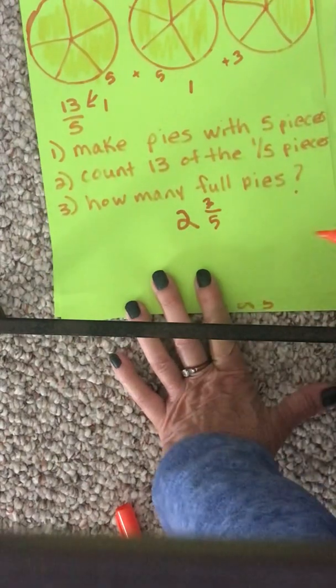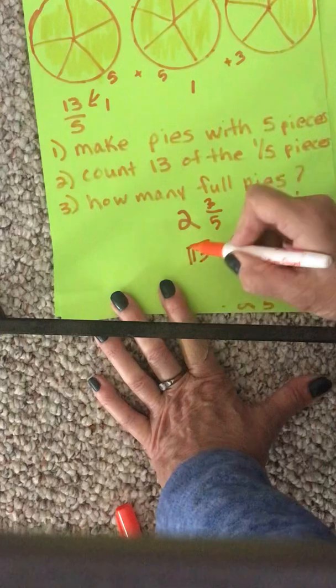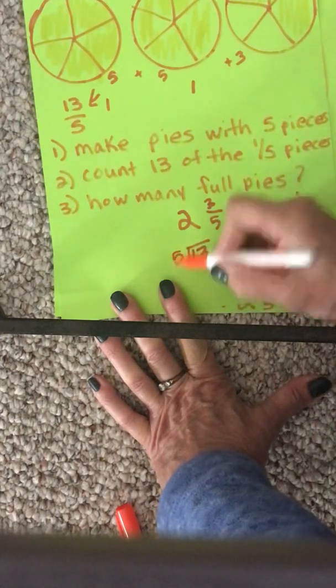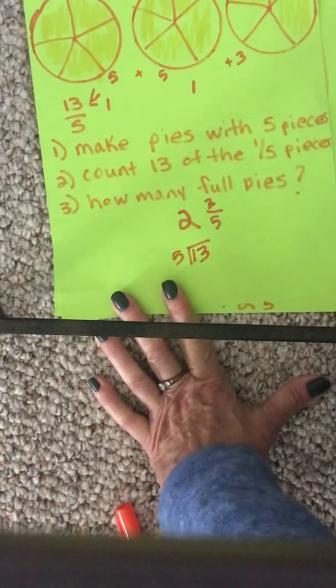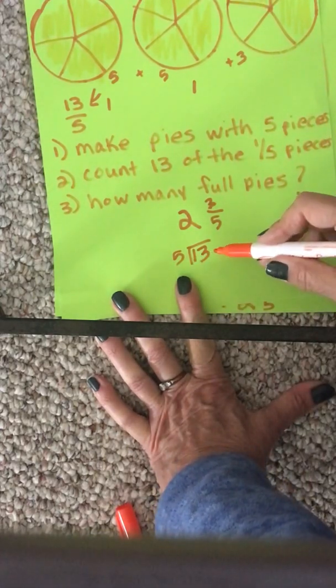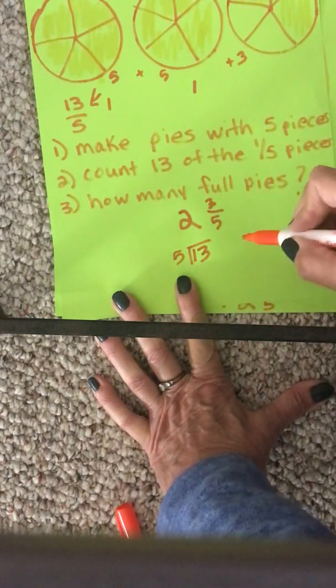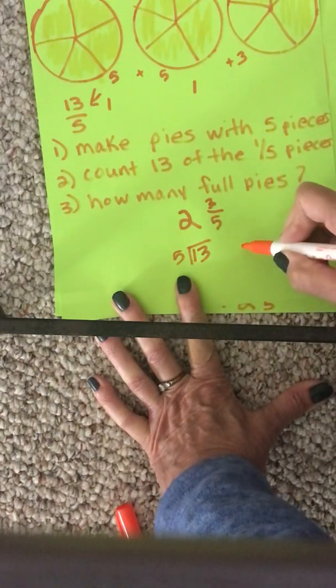Could we do this as a division problem? Sure. It's 13 divided by 5. If you know your times tables, you know right away that 5 times 2 is 10. That's going to get us closest to 13. 5 times 3 is 15. That's too much.